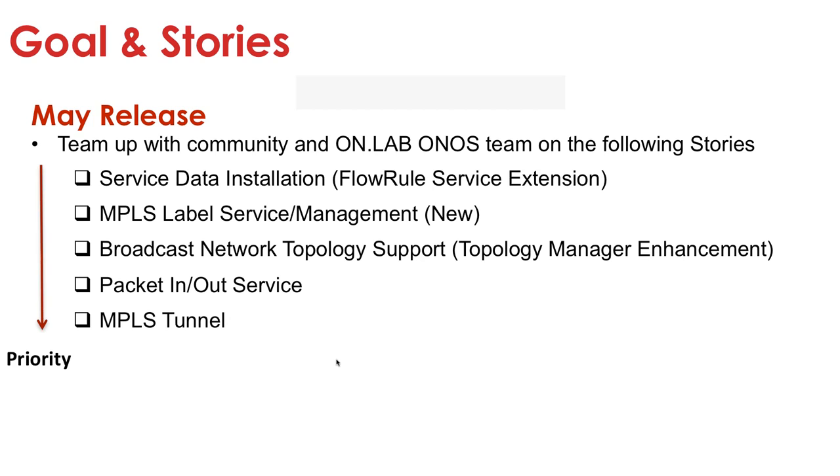So another one is, when we deploy and implement these, we found one case called broadcast network topology support. We found that in such a LAN environment, the LLDPs will create multiple links. In ISIS, they basically learn the topologies and insert a virtual node.